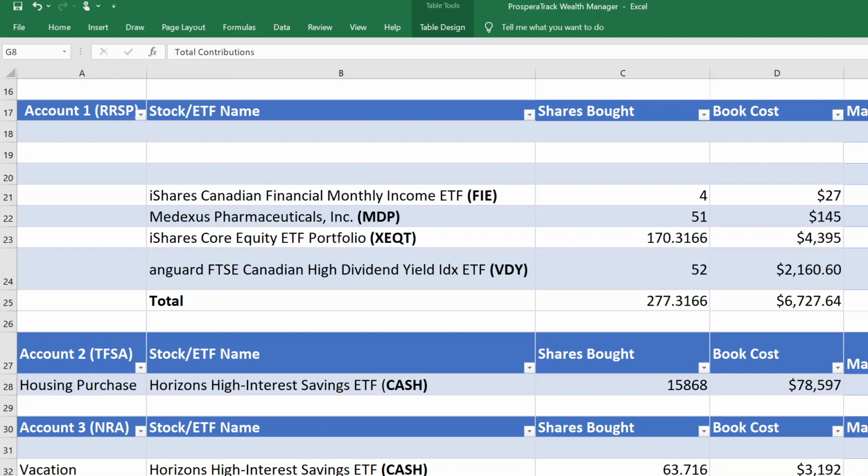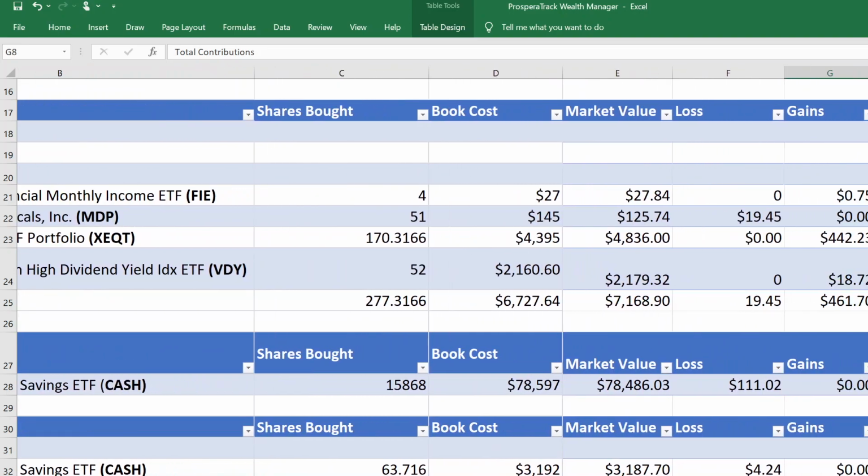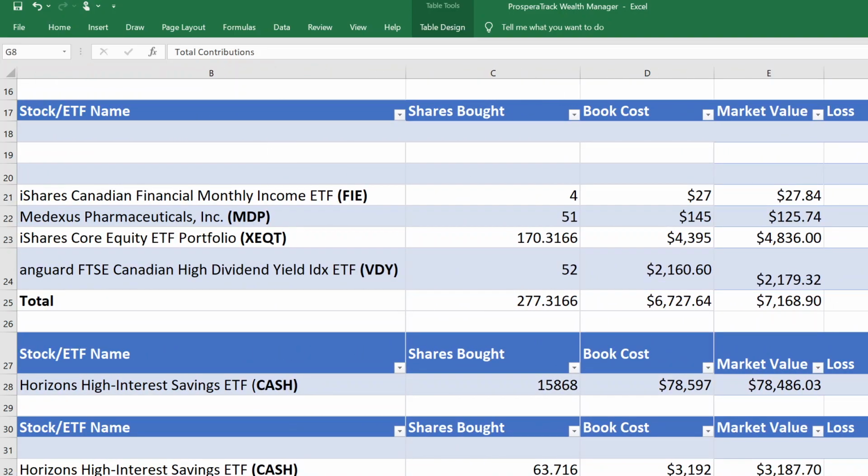So if we subtract all the losses, it's added up and it gives us a total here, and the gains are also added up and give us a total here. So when you subtract the losses from the gains, that's how we get the total number here. So at the moment, I'm currently up 442.25.